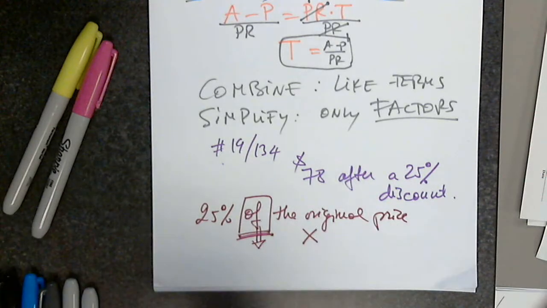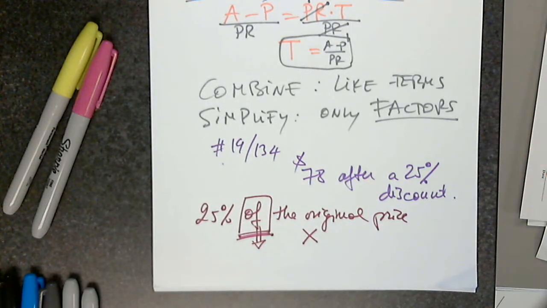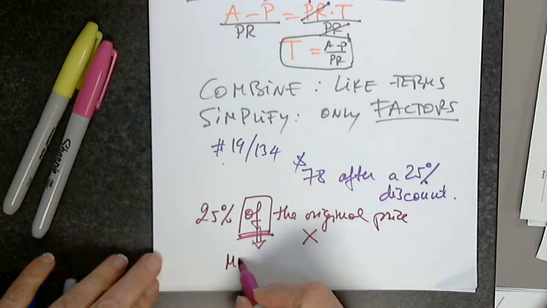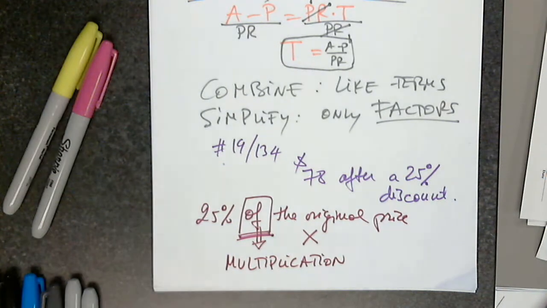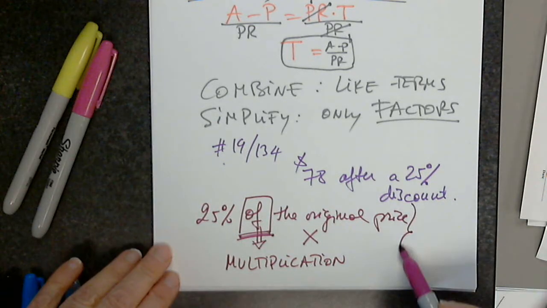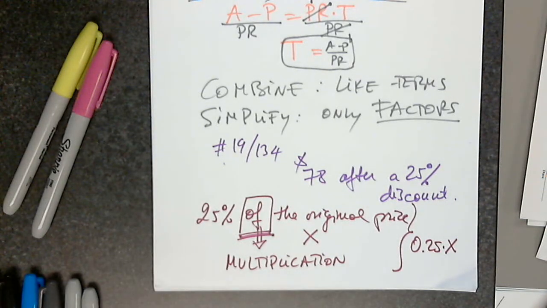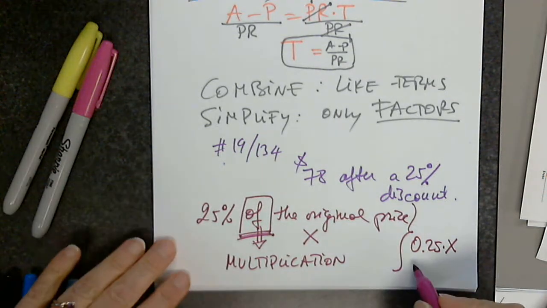What operation do I translate the keyword of into? Awesome. This is always multiplication. So when I say 25% of blah, it is 0.25 times x. So this changes into 0.25 times x. And this is the discount.